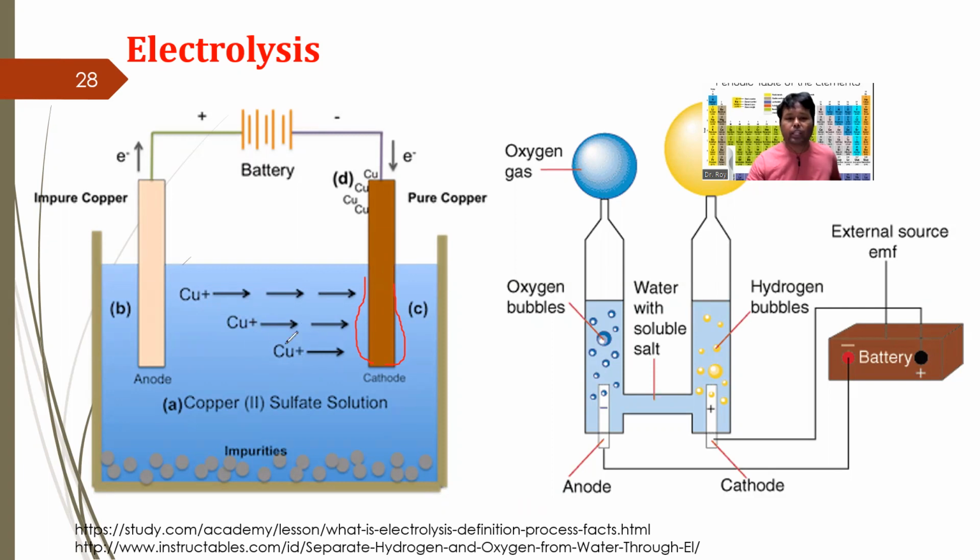Silver ion gains the electron and silver metal is deposited on the iron spoon, so that the iron metal is coated with silver metal. Therefore the spoon that we see as silvery is the coating of silver.